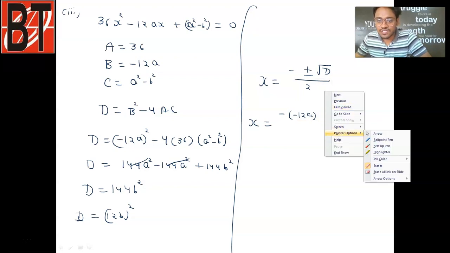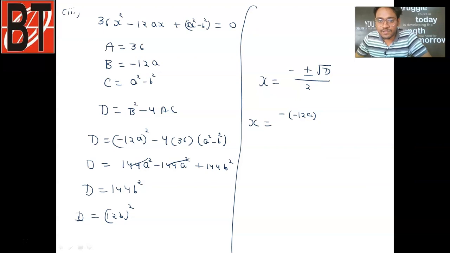So the roots are minus capital B plus minus root D upon 2A. So it's going to be minus of minus 12a plus minus under the root of 12b whole square. Now students, square and square root will get cancelled out.